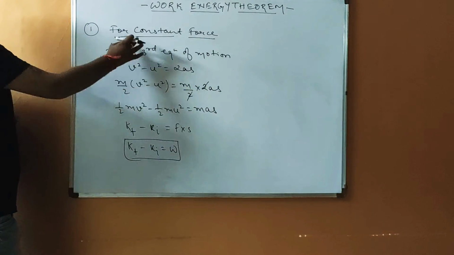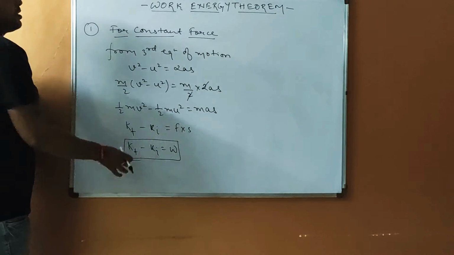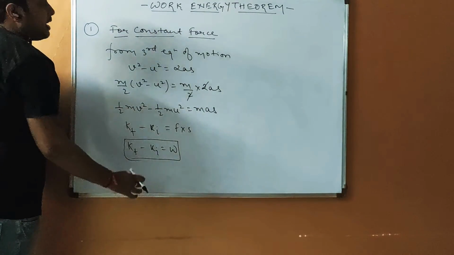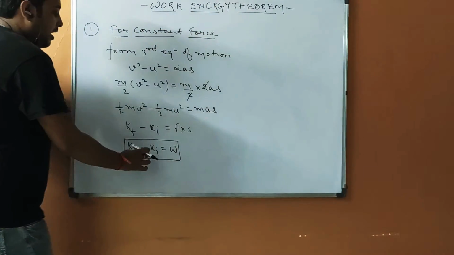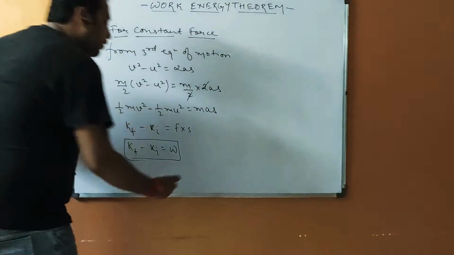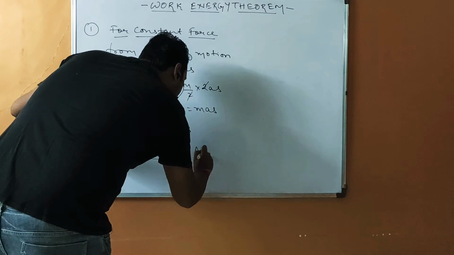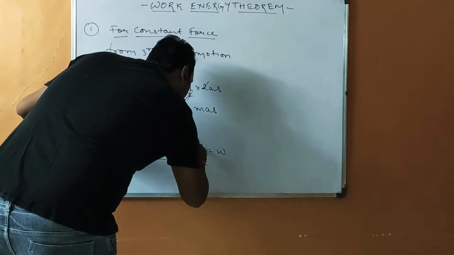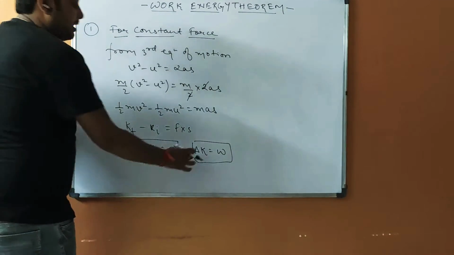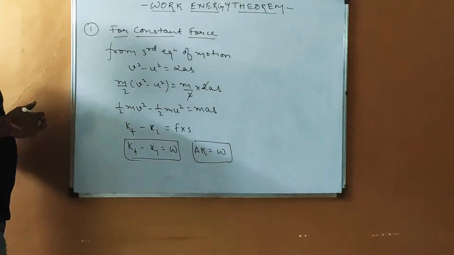And this is a small derivation for a constant force. That means Kf minus Ki is equal to W. Or you can also say delta K, that means change in kinetic energy, is equal to the net work done on the body.